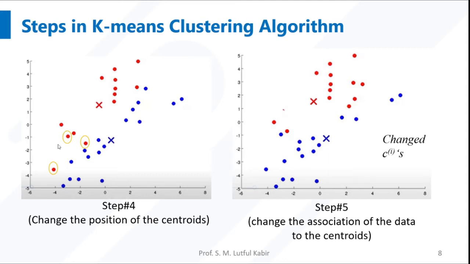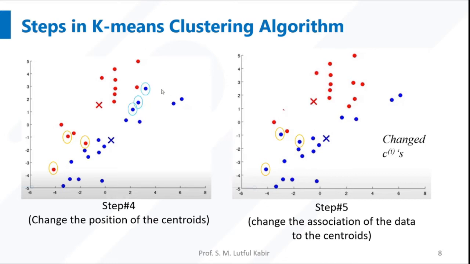First of all, you can see this red colored point in the previous step has been changed to a blue colored point. And since these points are now closer to the blue centroid rather than the red centroid, that's why the color has been changed. The association of these points has been changed to 2 rather than 1.